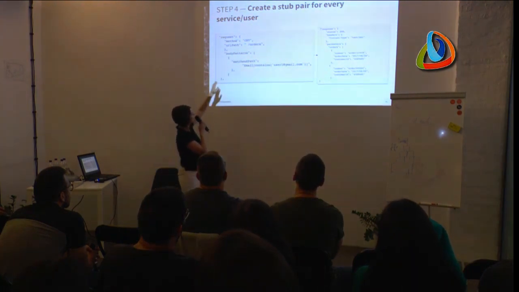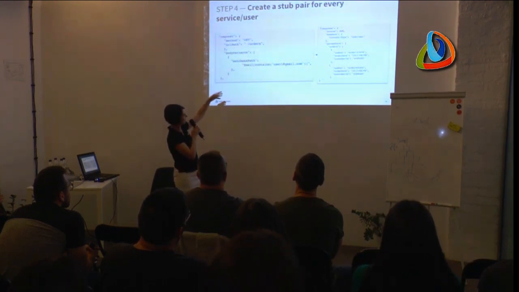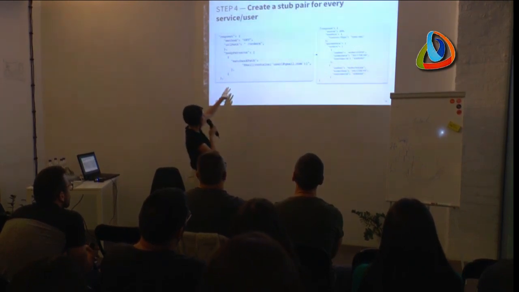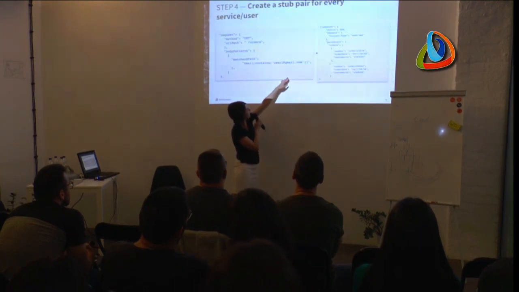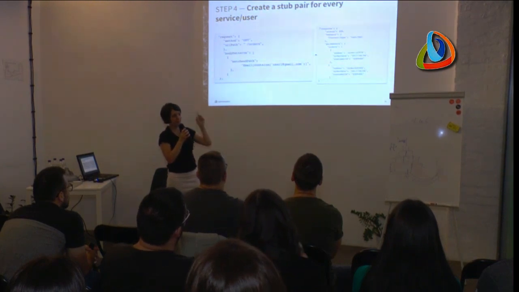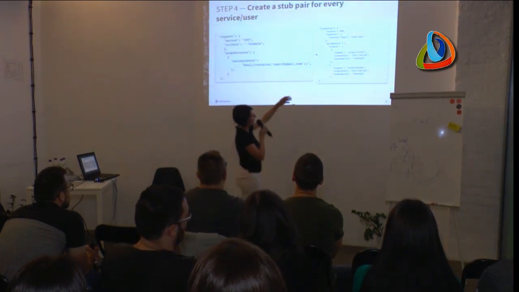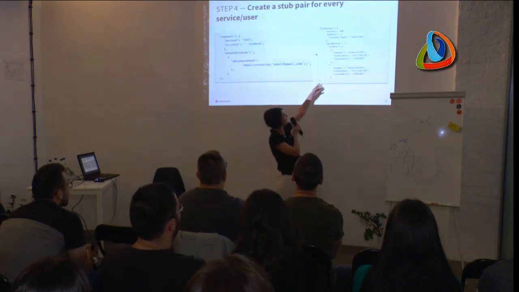If the stub sees that we are asking for the email that contains the line user1@gmail.com, the stub knows that we are asking for the information for that user, and the stub answers us with that defined response.